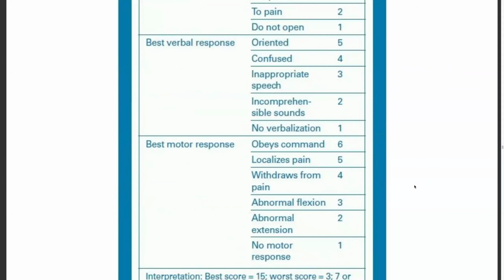And then he has abnormal extension of the extremities. That's for motor response. So far, Nurse Jean got it correct.